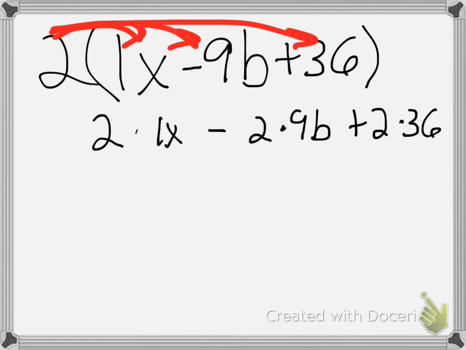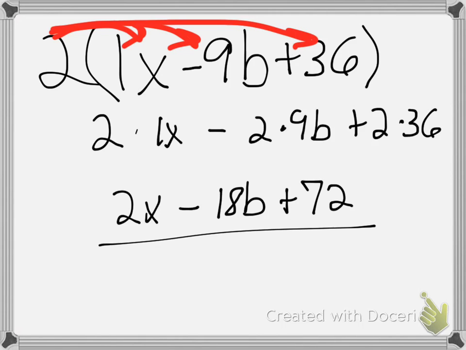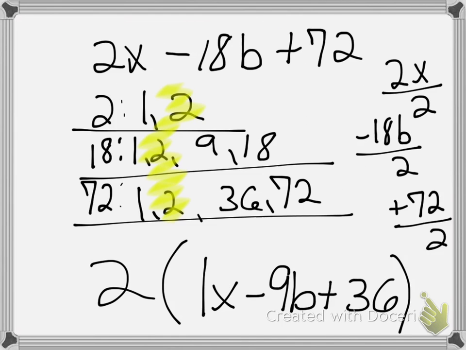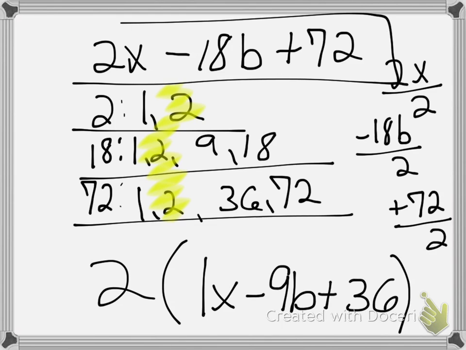And that will simplify to 2x, because 2 times 1 is 2, minus 2 times 9 is 18b, and then 2 times 36 is a positive 72. That is exactly the expression we started off with last time. So I know that my work down here was good.